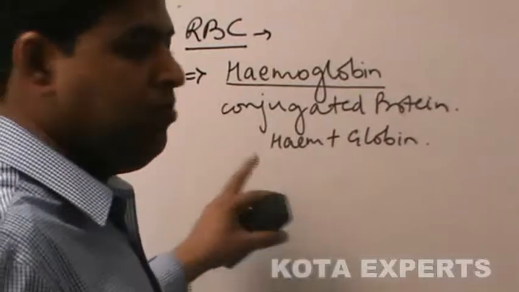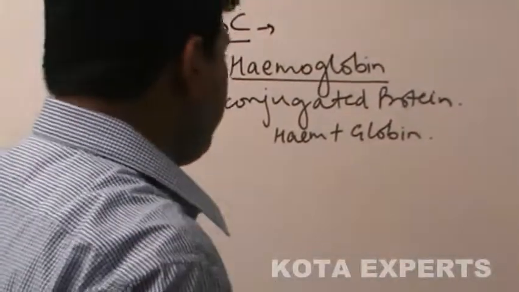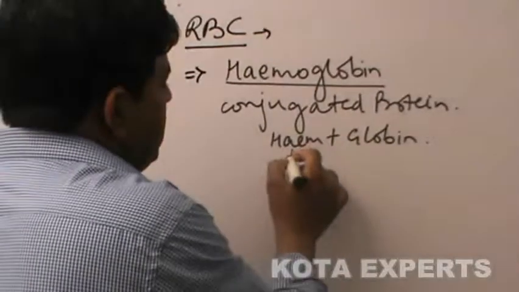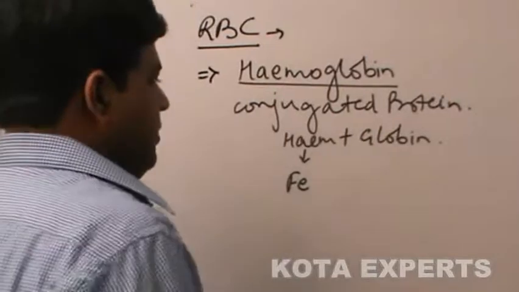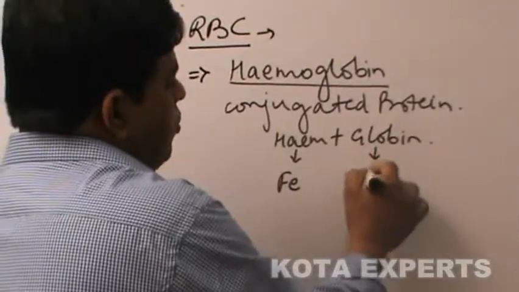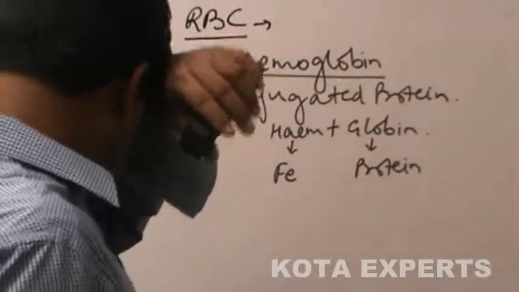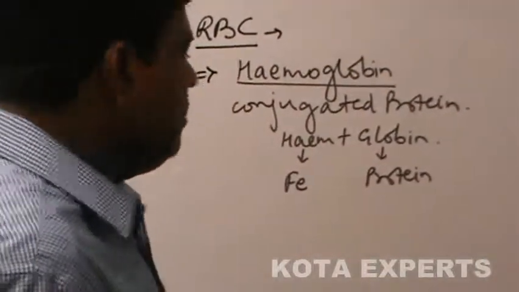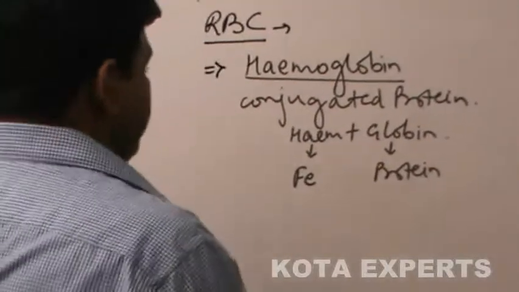This is heme and globin is the protein part. Heme's base metal is iron, and this is the protein. So in this the protein is associated with the iron. That is why it is known as conjugated protein.